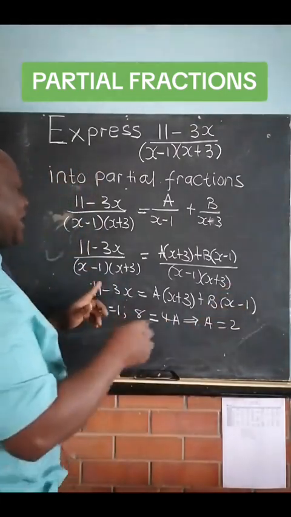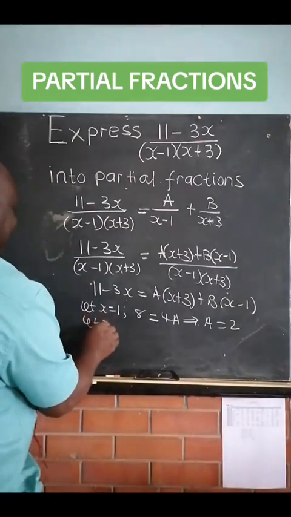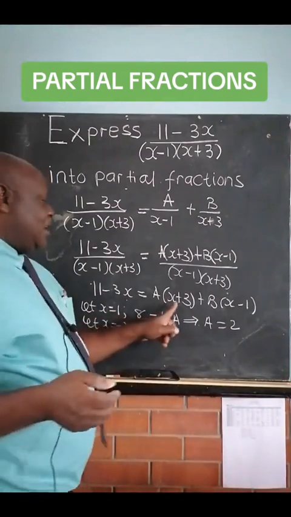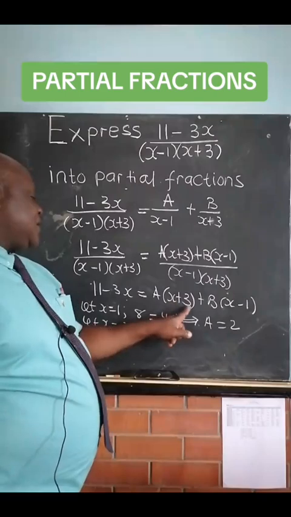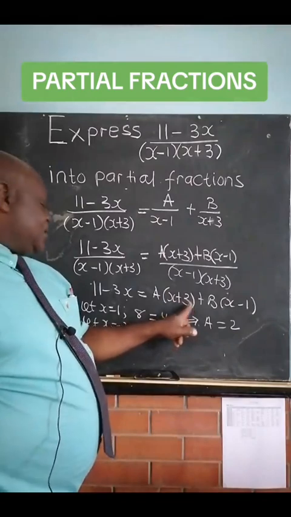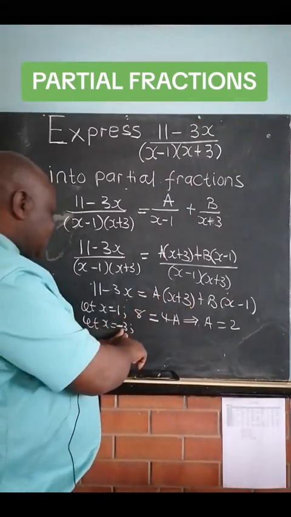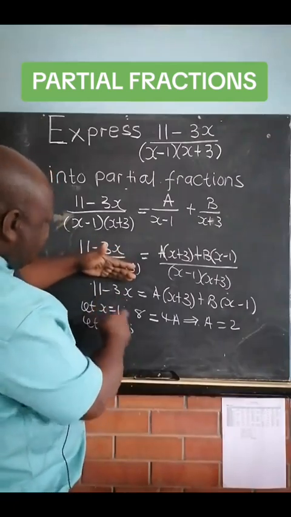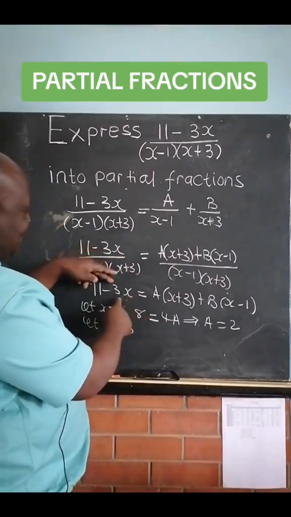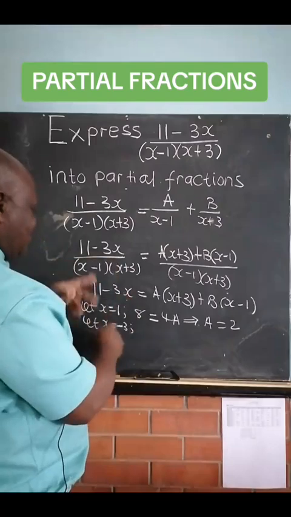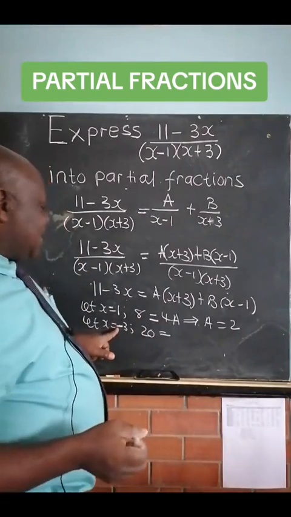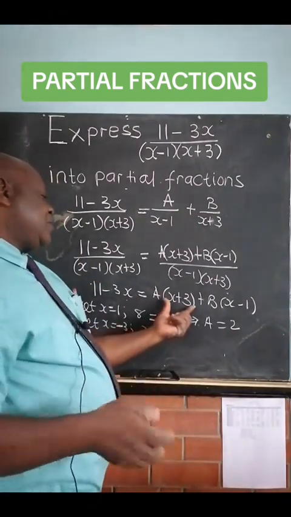Similarly, I'm going to let x equal to negative 3. Why negative 3? Because I know the additive inverse of 3 is negative 3, because negative 3 plus 3 will give me 0. So if I let x equal to negative 3, substituting it, on the left I'm going to have 11 minus 3 times negative 3, and that gives us 11 plus 9, which is 20, is equal to: if I let x equal to negative 3, like I illustrated, this falls off.